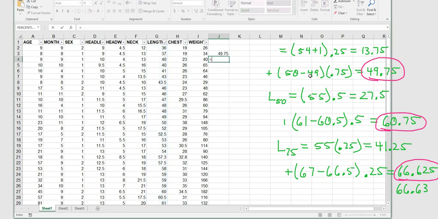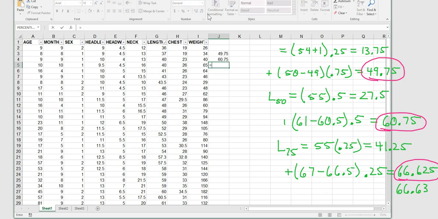We'll do a new one. Now we want our array. We could actually just highlight the entire column like that. Excel knows that the first one is a header, and so it doesn't do anything with that. Comma 0.5. And there we go, 60.75.